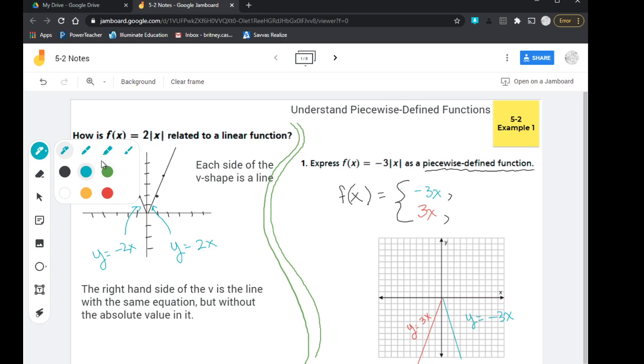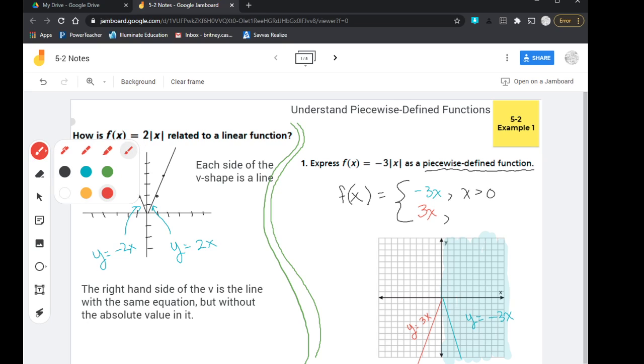So this blue equation, right, the blue equation is covering all the x values here to the right-hand side of the axis. So for everything where x is greater than 0, oops, need to change my tool from a colored pencil, or a shading. So for everywhere where x is greater than 0, it's going to work with the negative 3x.